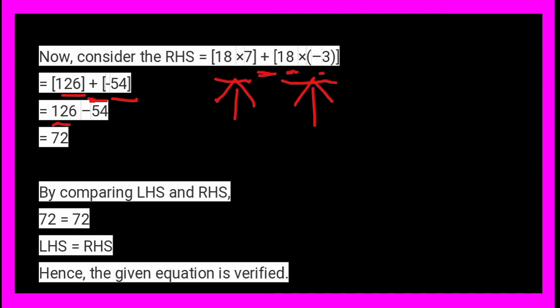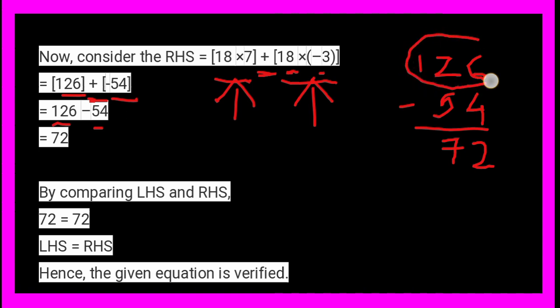Now we have one number positive and another number negative. So plus minus is minus. So we need to do subtraction of 126 and 54. By doing subtraction we get 72, and we have to consider the sign of the greater number in the answer.